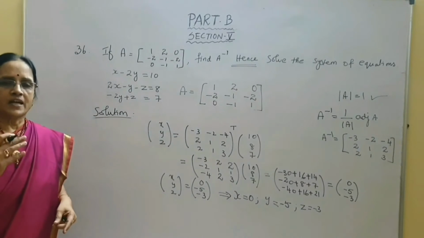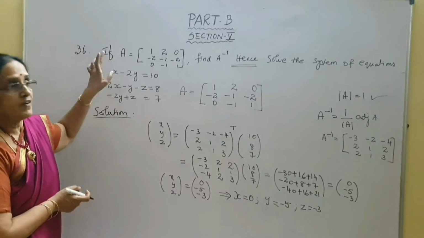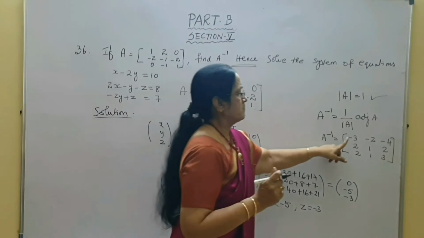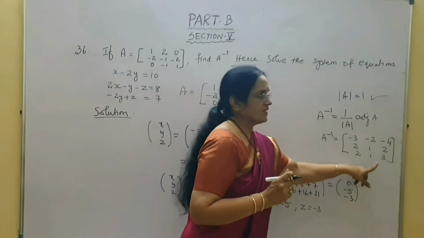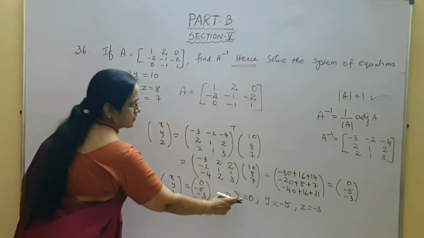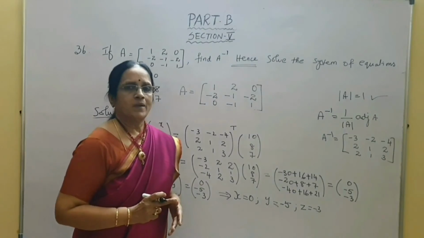Finally, you need to conclude your answer. There are two parts for this particular question. First, you need to write A inverse. A inverse is equal to the matrix minus 3, minus 2, minus 4, 2, 1, 2, 2, 1, 3. Then the second part of it, the value of X is equal to 0, Y is equal to minus 5 and Z equal to minus 3.